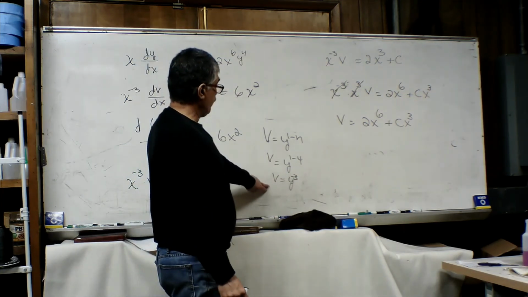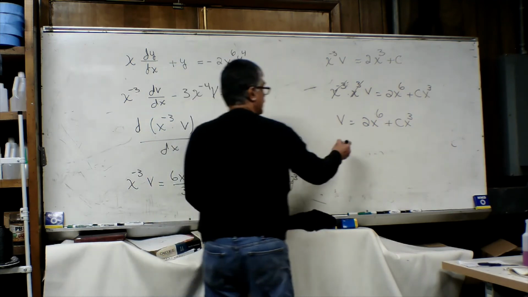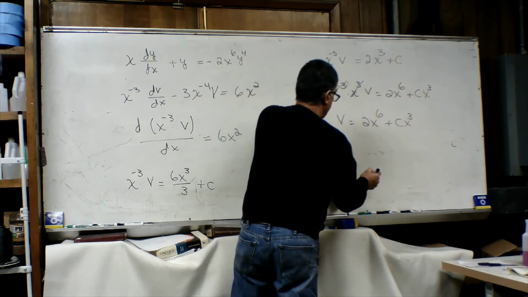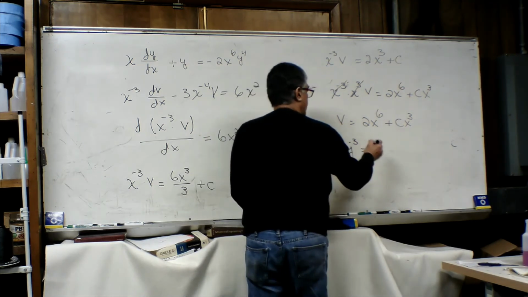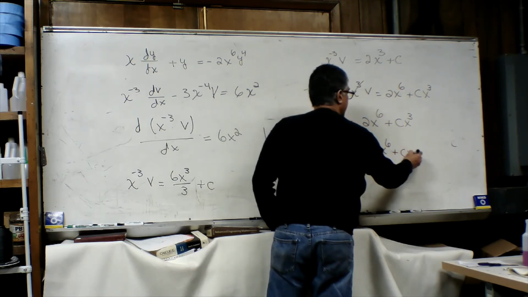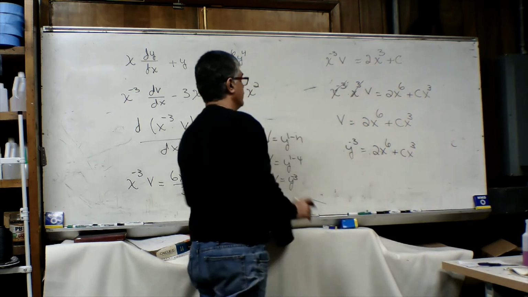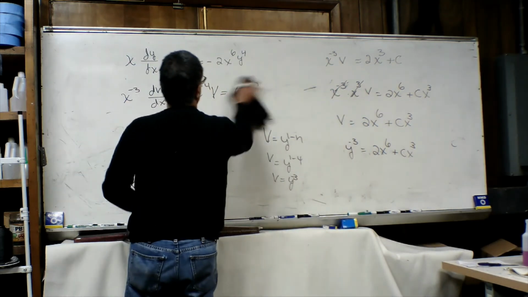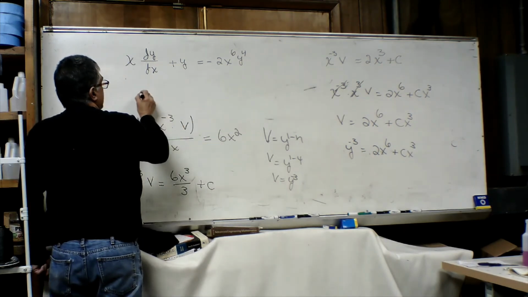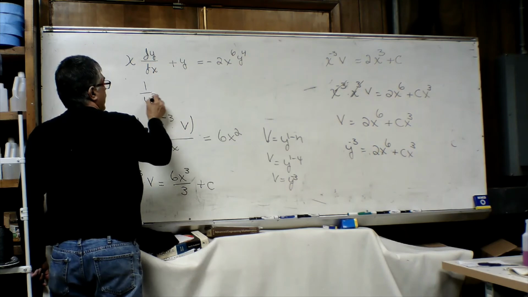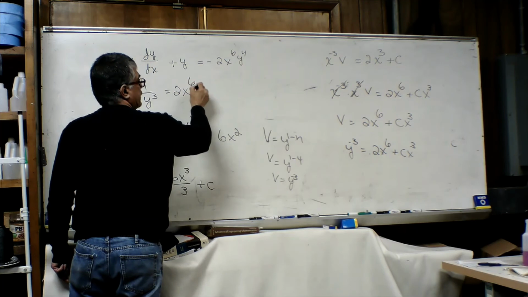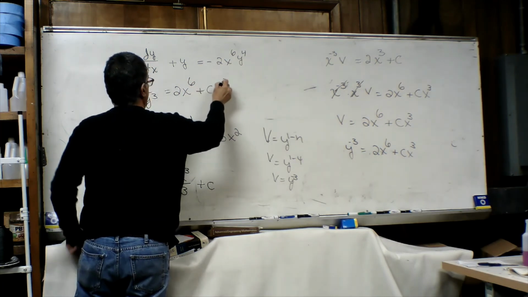So v is equal to y to power minus 3, so y to power minus 3 is equal to 2x to power 6 plus c x to power 3. Which we can write as 1 over y to power 3 is equal to 2x to power 6 plus c x to power 3.